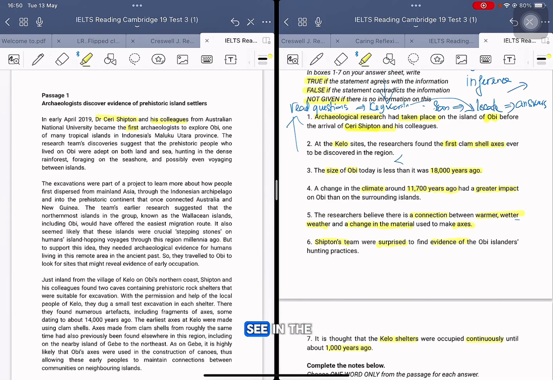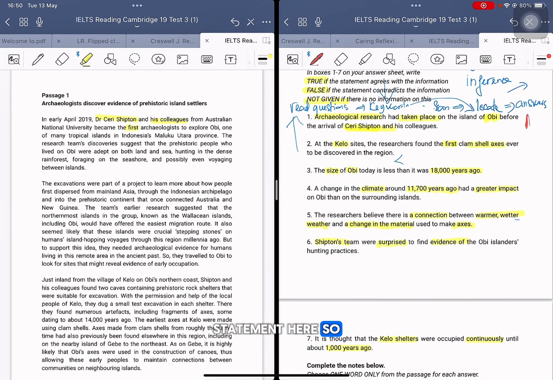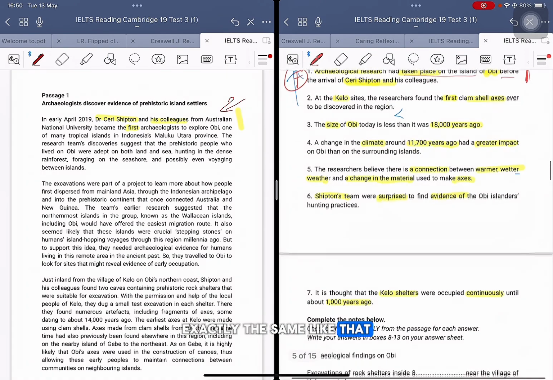But actually you can see in the statement here that archaeological research had taken place on this island before the arrival of those researchers. That's why this one is supposed to be false, because the information here disagrees with the information in the passage. And you keep doing exactly the same like that.